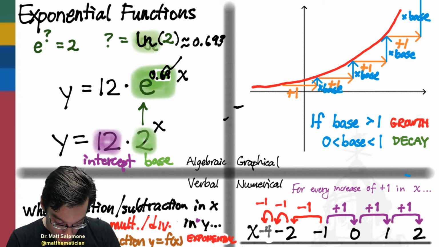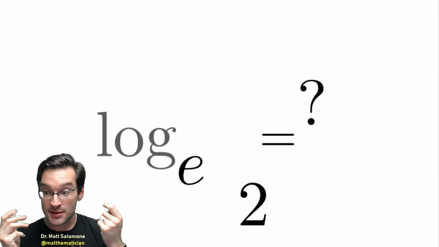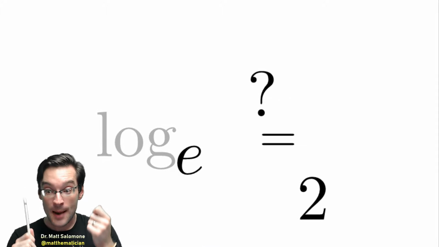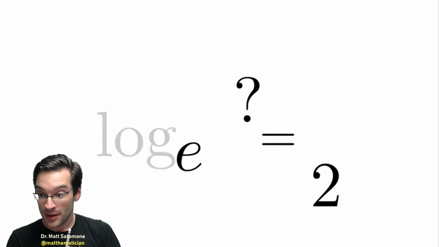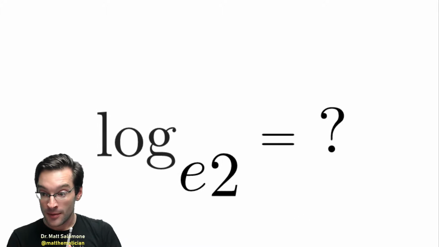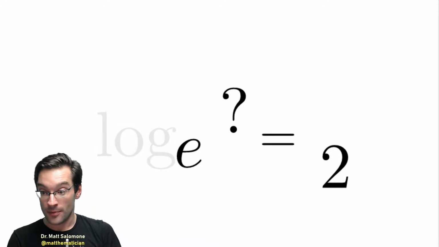Right? And so don't forget this little animation. I'm not going to let you forget it, right? All that a logarithm is, it's a way of reversing this relationship. It's a way of rescuing a quantity that's trapped up in an exponent by bringing it back down onto the line by itself, right? E to the blank is equal to 2 when blank is equal to the base e logarithm of 2.